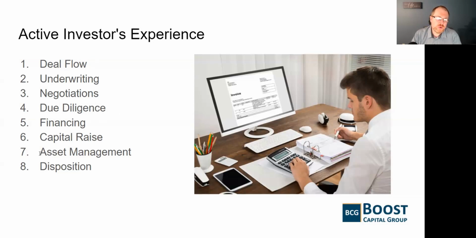After you go to an asset management mode and implementation of the business plan, working with a property manager, for instance, or construction crews, etc. And finally, you're going to have the disposition, selling the asset, which also, regularly through asset management, you're going to talk to brokers and see what's the value of the asset.